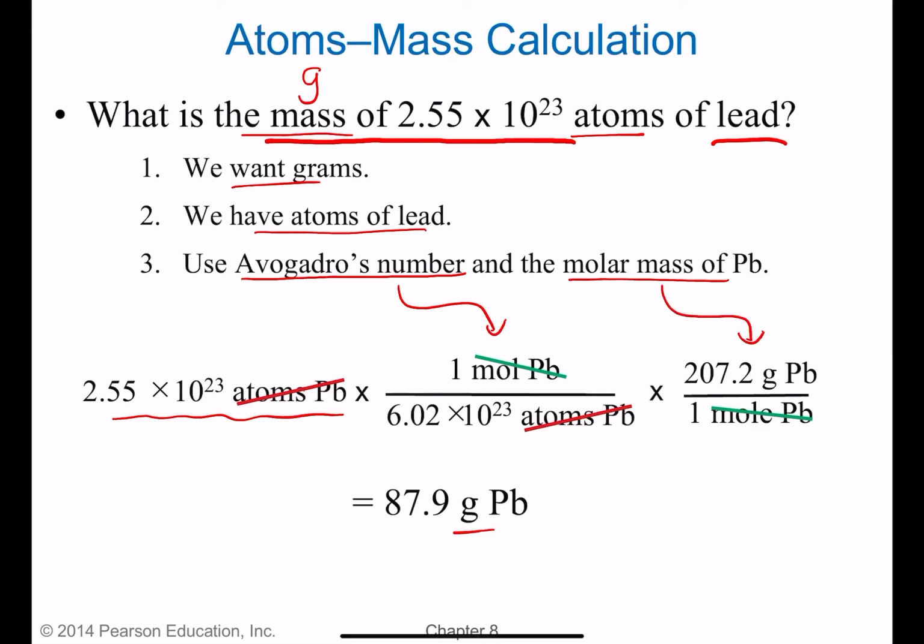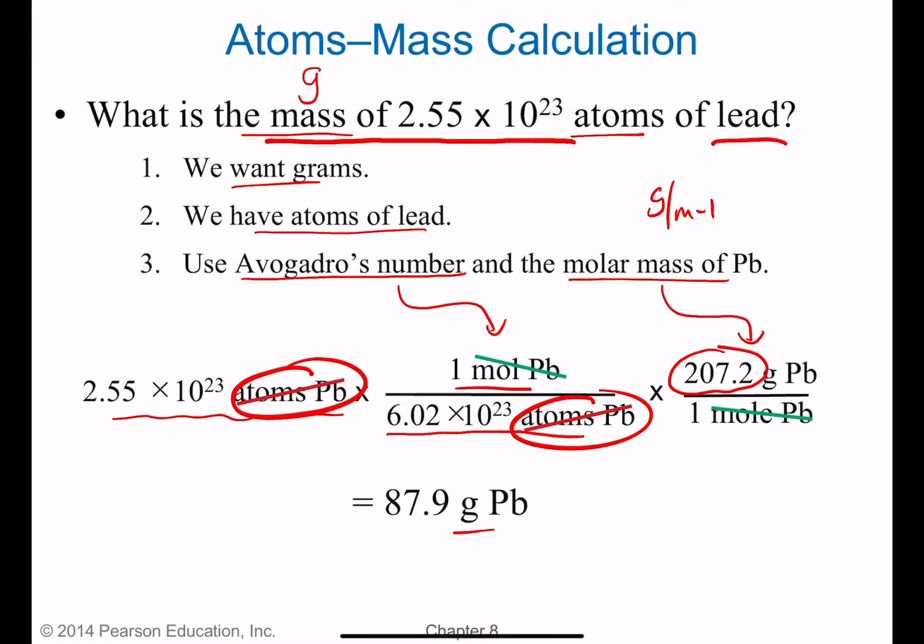The Avogadro's number we use because we need to cancel the atoms part of it. And it is, by definition, 6.022 times 10 to the 23rd atoms per mole. So that's why we put atoms in the denominator and moles in the top. And then with the second conversion, molar masses are always grams per mole. And this 207.2 number came directly off the periodic table.